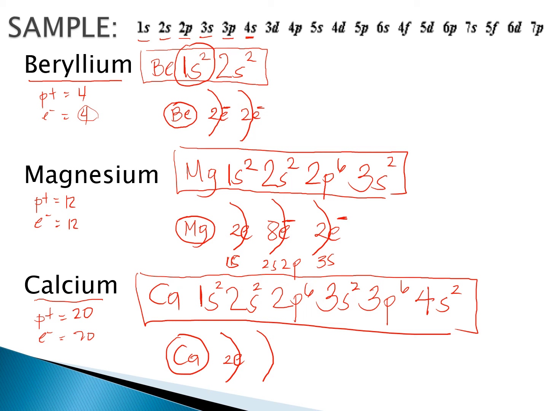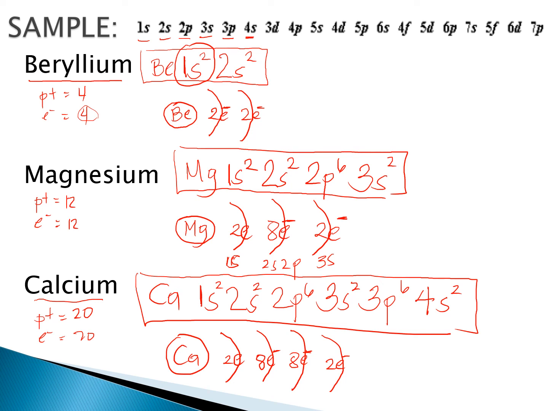So 2 plus 6, the answer is 8 electrons. Next, third energy level, we have 3s2 and 3p6. So 2 plus 6, the answer is 8 electrons. And last, we have 4s2 for the fourth energy level. So there are a total of 2 electrons. So this is the half shell diagram of the calcium atom.